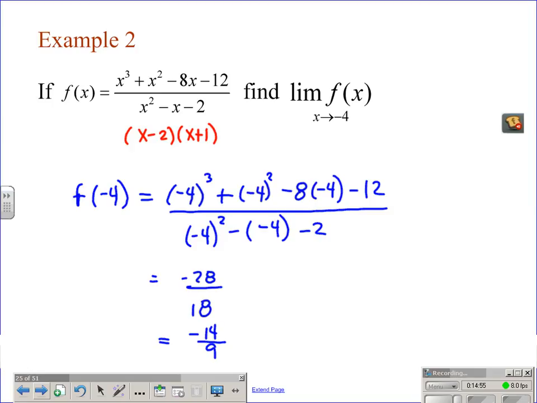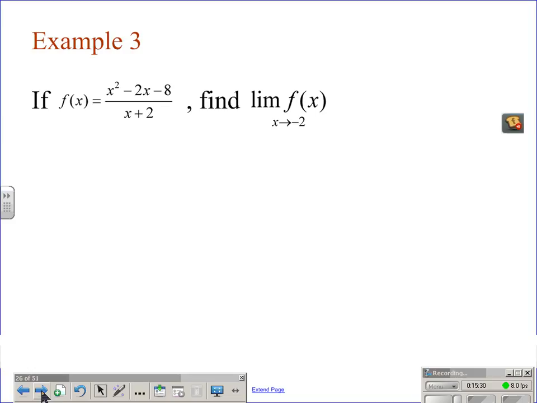So since f of negative 4 is equal to negative 14 over 9, then I can come up here and say that this limit is negative 14 over 9. This is an example where the only way to find the exact value is using the algebra, not using your calculator. If you use your calculator, you're going to have a hard time figuring out to what decimal place you're going to round, or actually figuring out that negative 14 over 9 is the limit that we're looking for. Here's the next example.